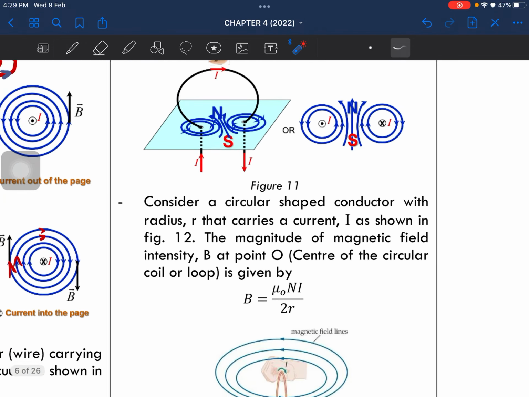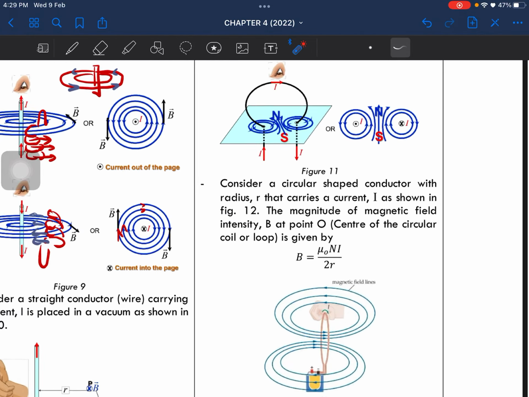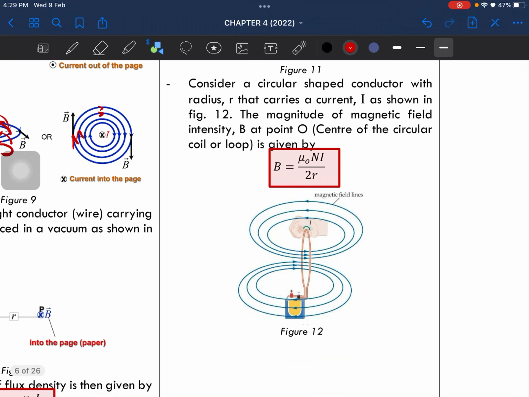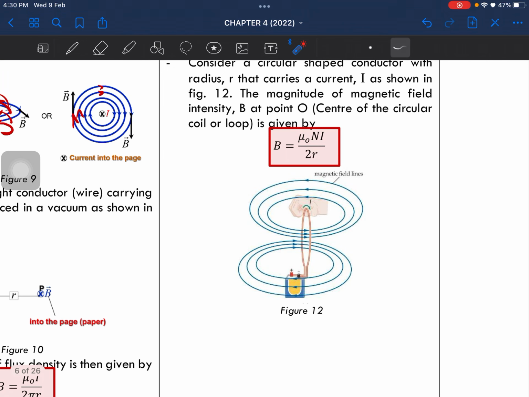For this circular coil you will use this equation. Remember, all the directions for the magnetic field lines will use the right hand grip rule, as shown here, just to determine the magnetic field lines.